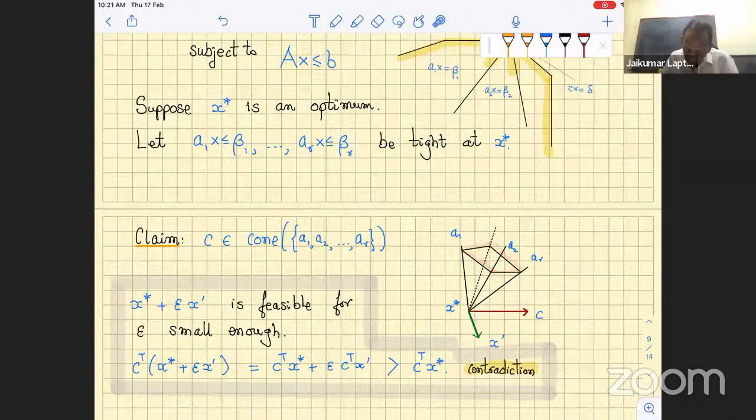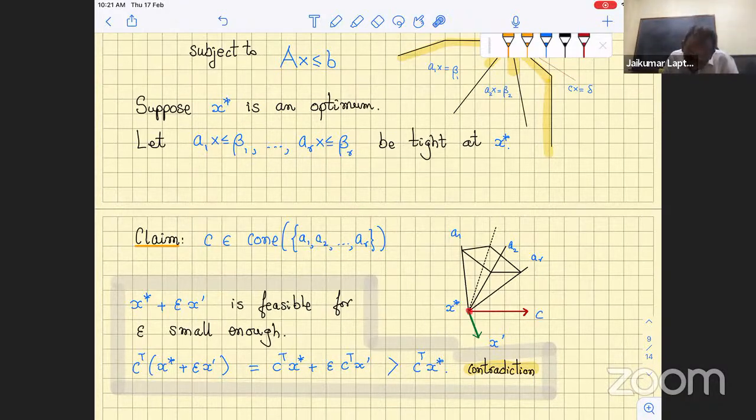Now the claim is that your objective function better be trapped here, because if it was not trapped here, then by the fundamental theorem or Farkas lemma or common sense, there is a hyperplane defined by this normal which separates the normals to these equations and C. Is that clear?